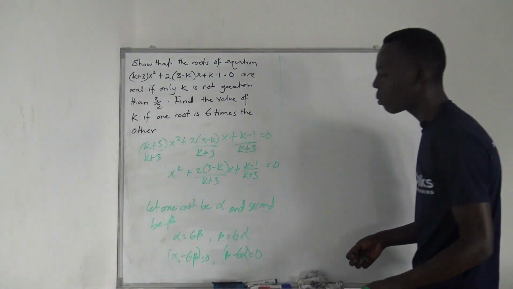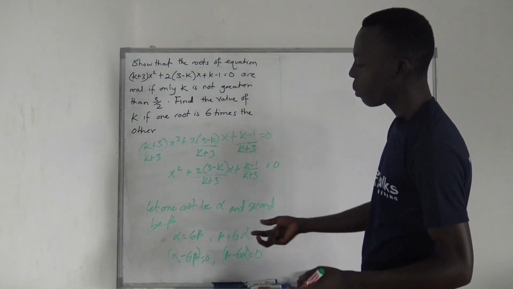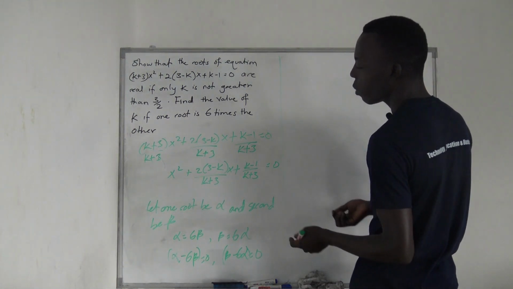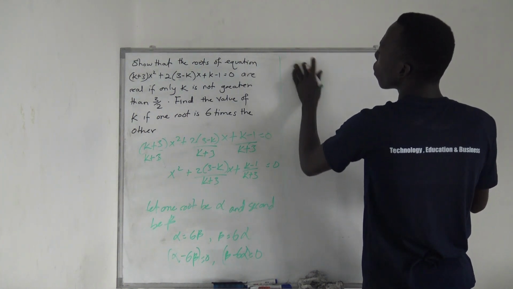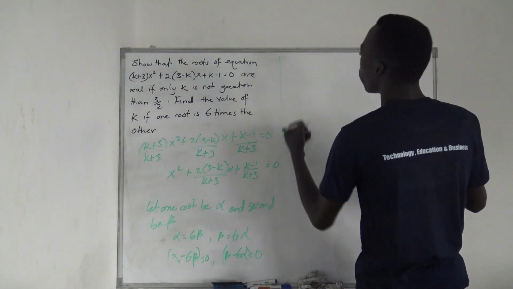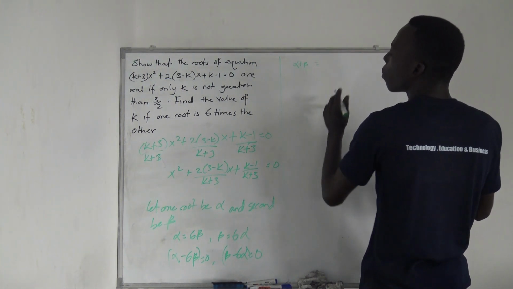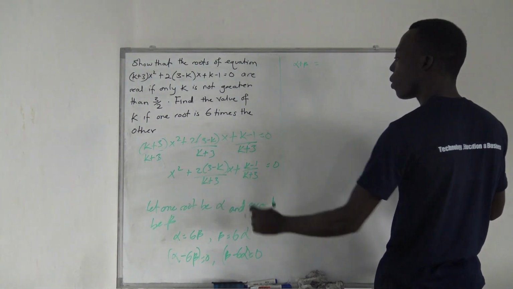So when everything is equal to 0, we multiply the 2 and equate to 0. But also before multiplying it by 2, we have to get the sum and the product in alpha and beta. So our alpha plus beta, which is the sum, will be equal to the whole of this thing. You also consider the sign.